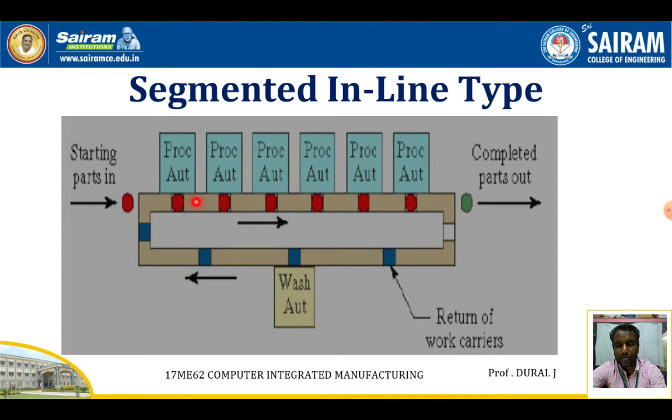Then it goes to the particular machine. Here it drops the component, and the work holders return to the first machine over here. So this type of flow line continuously rotates. So this is about the segmented type flow line.